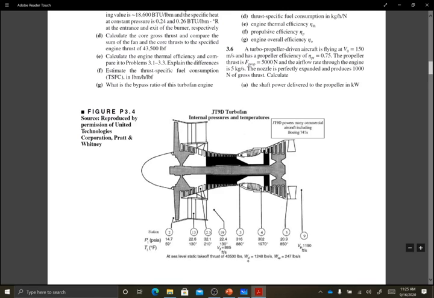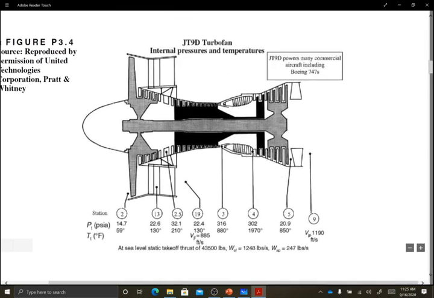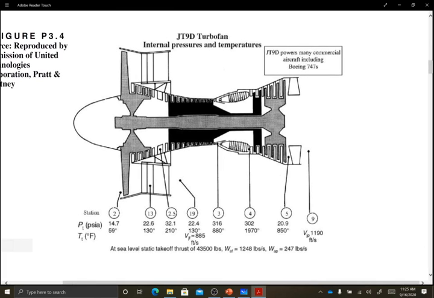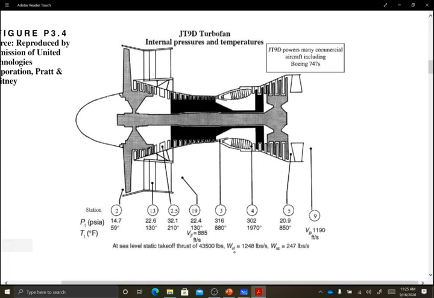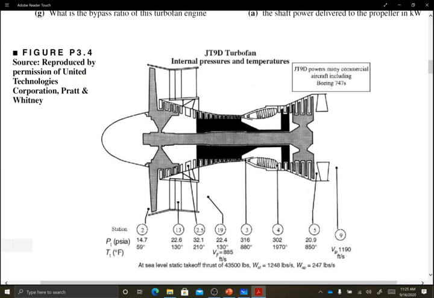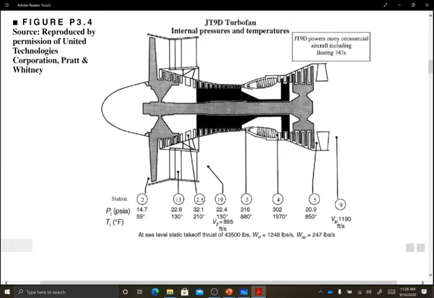We are also given the flow rates at sea level takeoff thrust of 43,500 pounds. This is the air flow rate and this is the fuel flow rate, right? This one is going to be 1248 and 248 pounds per second.